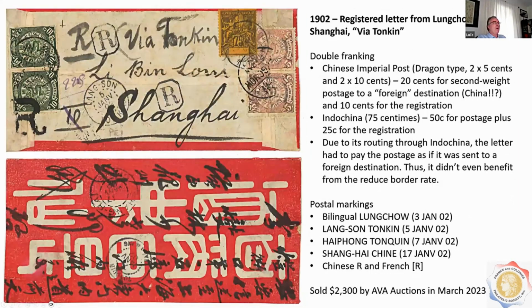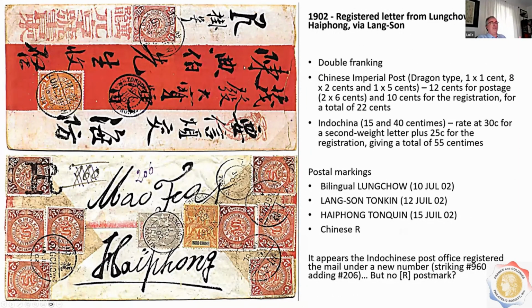So that explains why all those letters in July 1902 still had to put the double franking. They had to put the Indochinese stamps on the mail. They could not just send the mail to Indochina or France with only Chinese postage, though that would have been valid from Mongtze or Pakhoi or Shanghai, for example, but not from Langzhou.